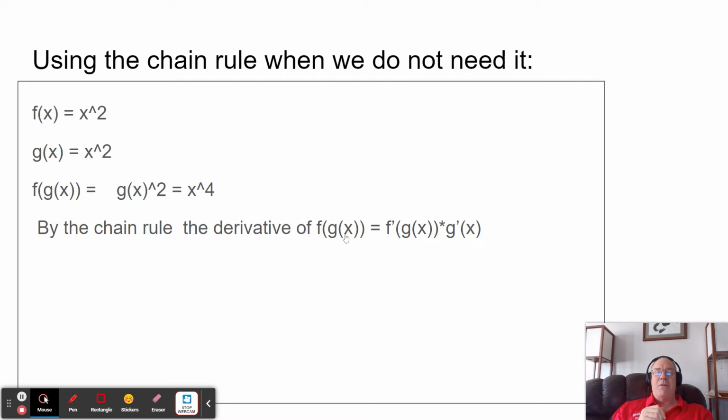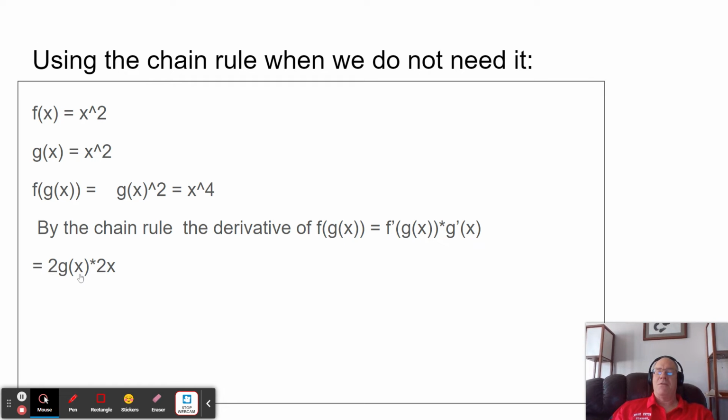So the chain rule, the derivative of f of g of x is f prime of g of x times g prime of x, which we've memorized before. Well, f prime of g of x is just 2g of x. Remember that x squared, we're just going to take the 2 down, 2 times g of x. g of x is being treated like a variable. And then we multiply by the derivative of g of x. Derivative of x squared is 2x.